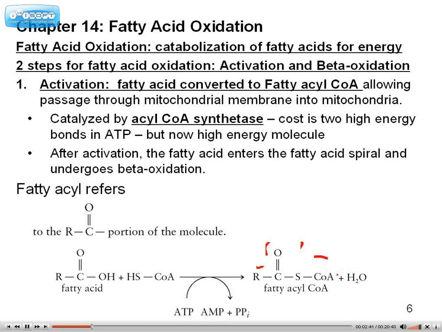This brand new combination of fatty acid and our coenzyme A, we call a fatty acyl coenzyme A.